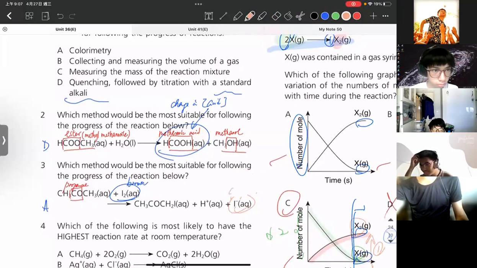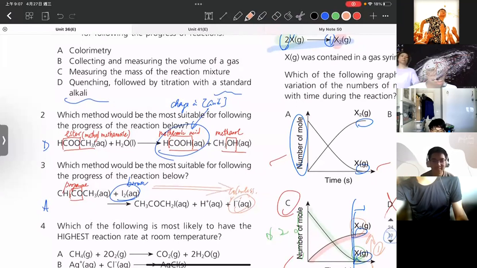So during the whole progress of a reaction, the brown color of the solution becomes paler. This is what I would expect. You should know something like this.